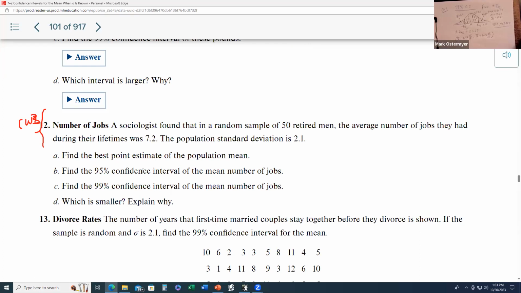Now it looks like it's going to take a ton of time, which is not the case at all. Ladies and gentlemen, it's not a raw data set. All you got to do is just use your Z interval and crank out a 95%, 99% confidence interval. That's not going to take too much time there. Go ahead and do that and maybe answer questions A and D also. All right, we'll call that classwork number 4.